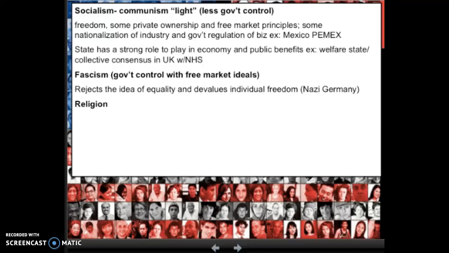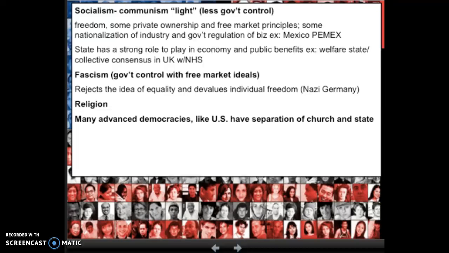All right, religion. Religion I'm putting in here because you do have religion playing a major role in ideologies in certain countries like Iran, in theocracies.